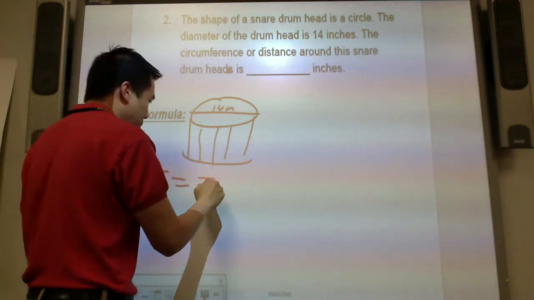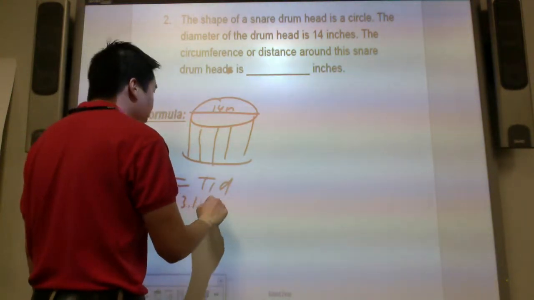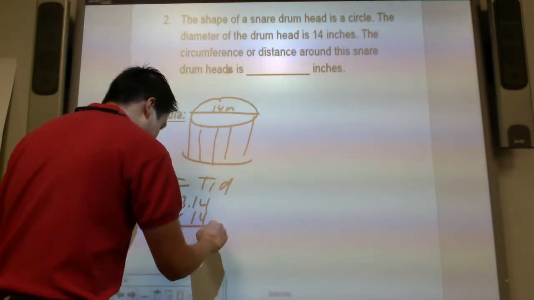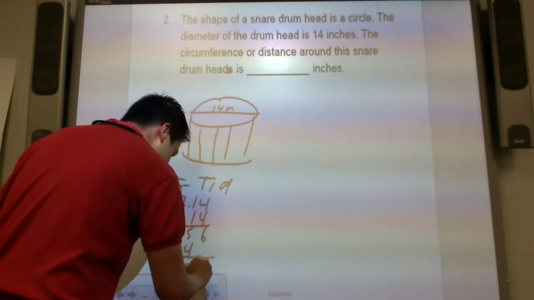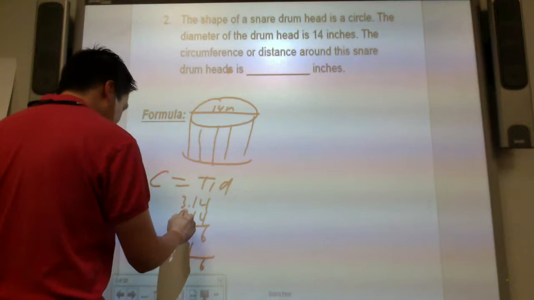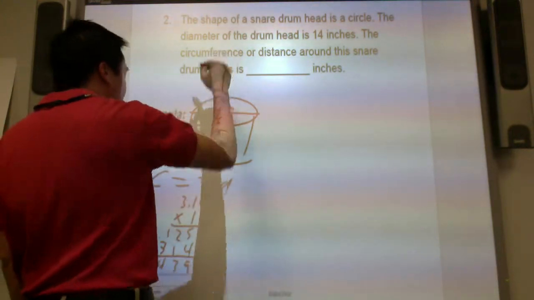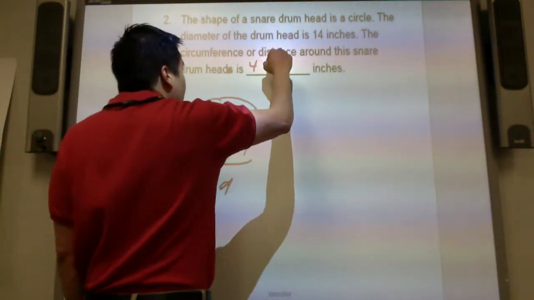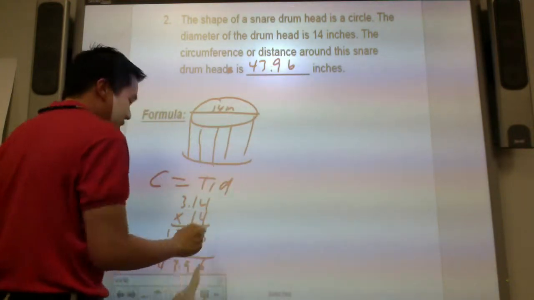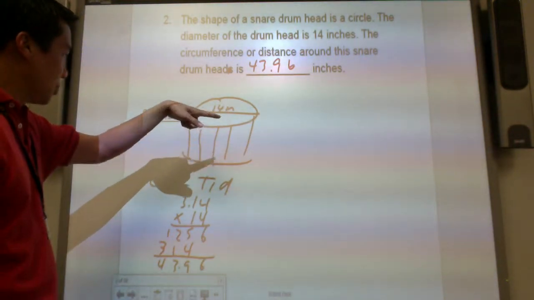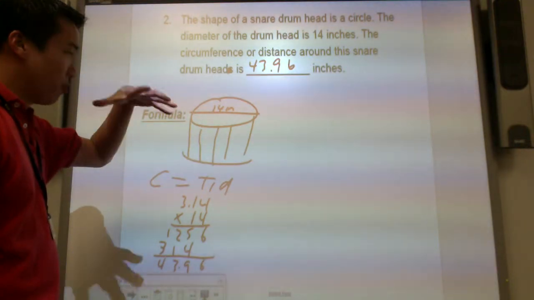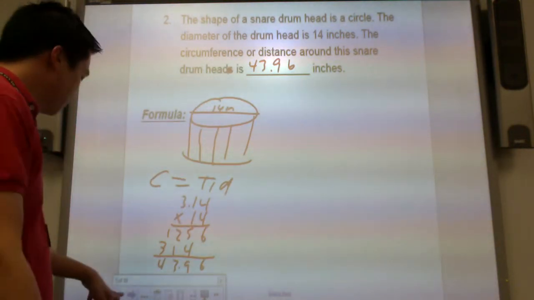So C equals pi d. 3.14 times 14. Don't forget the decimal point. 43.96 inches, because this is in the hundredths place. Again, about 3 times 14 is 42. If I did an approximation of about 42, hey, pretty good guess.